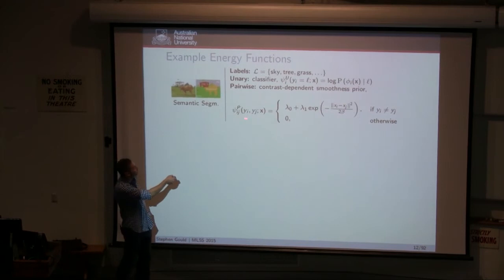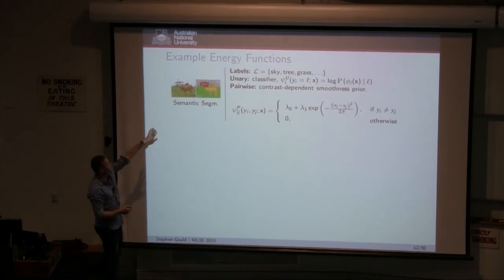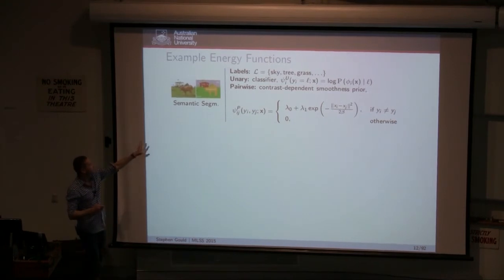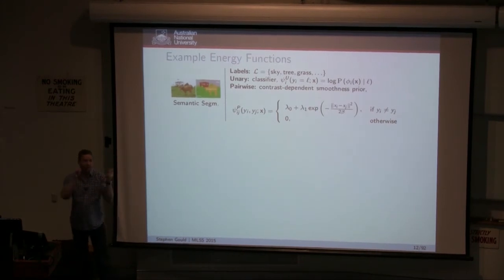And then the pairwise potential is going to be defined between any 2 adjacent pixels. And we know from looking around us, the world tends to be smooth. Images tend to be piecewise smooth. So what we'd expect is, given no other information, 2 pixels that are next to each other in an image should take on the same class label, right? You'll find if you have 1 pixel that's sky, then it's highly likely that the pixel next to it is also sky, okay?